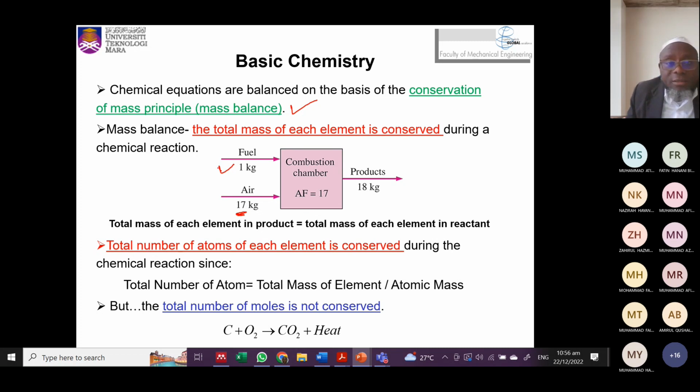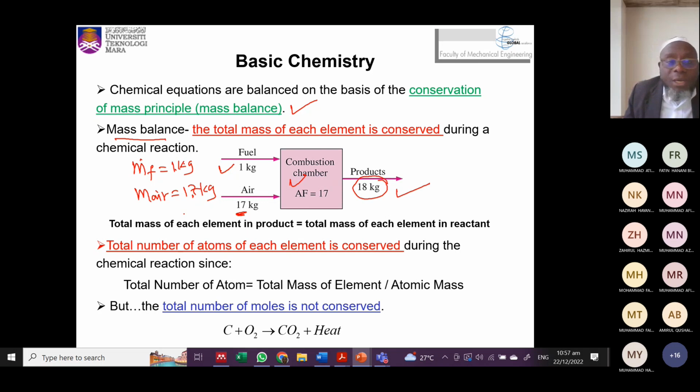So the mass of fuel equals 1 kg, and the mass of air is 17 kilogram. If both of them enter this combustion chamber, the total mass of the product is going to be 18 kilogram, because we have 1 plus 17, and that gives us 18 kilogram.